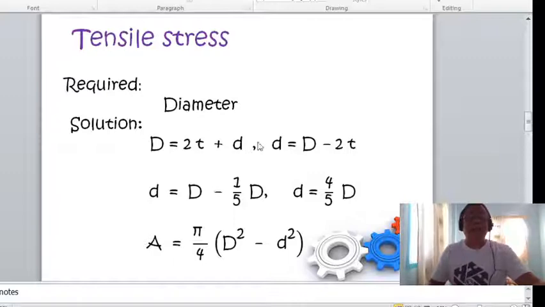Or getting the small diameter, the inside diameter, that is equals to D minus 2 multiplied by the thickness.